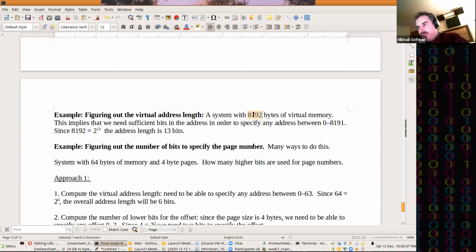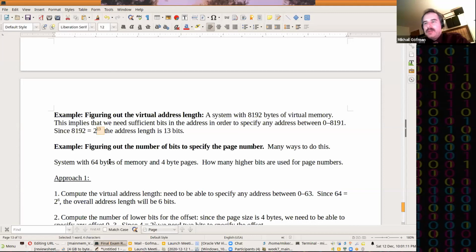One of the nice things about memory systems is that everything is usually a power of 2. So, like we talked about just now, if the system has 8192 bytes of memory, we can rewrite that as a power of 2. 8192 is equal to 2 to the power of 13, and that power specifies how many bits we need.